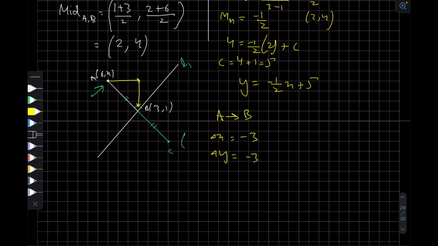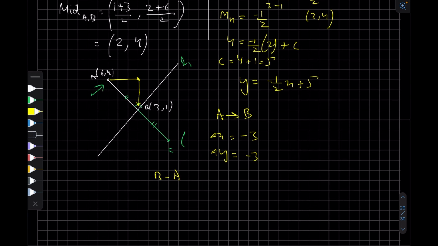What I'm doing is B minus A, because we're going from A to B. And so you argue that the change from A to B will be the same as the change from B to C. We know B is (3, 1), so we subtract 3 because of the change in x, subtract 3 because of the change in y, we get (0, -2), and that is our coordinate.